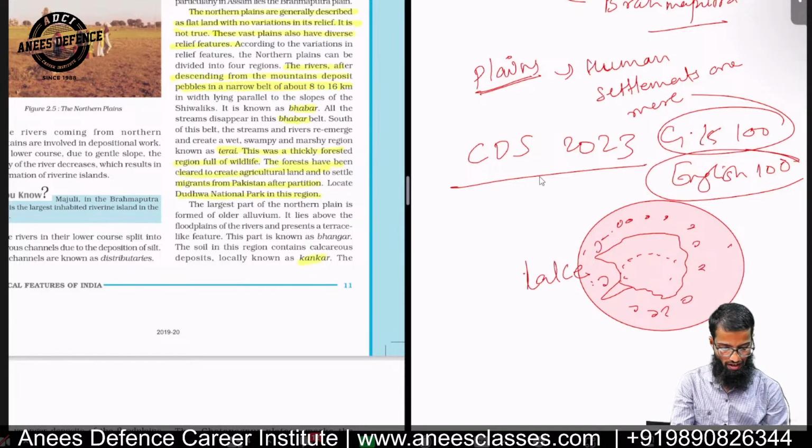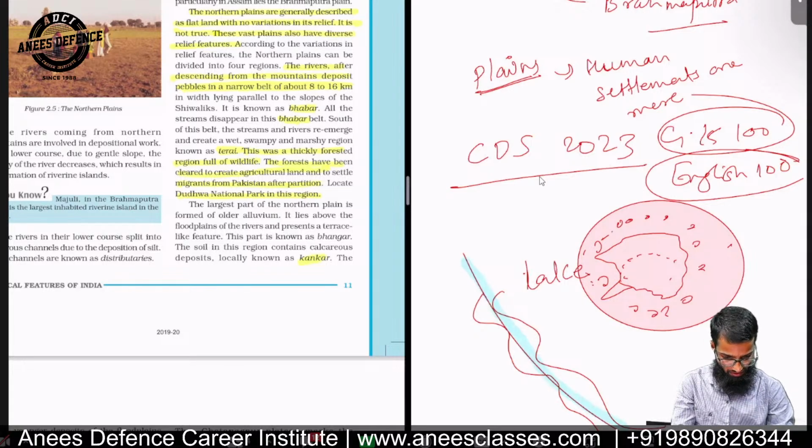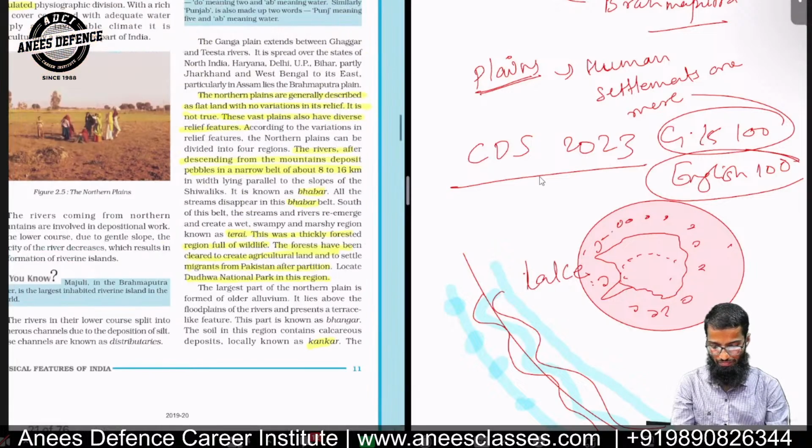And along the river, you have linear settlements. So people tend to settle like this here. Sorry, I need to draw it like this. People will settle here along the river bed. This is the river. This type of questions are also asked in human geography. You need to understand the context of the question, what kind of settlements are possible along the river, along the lake, along the coastal area.